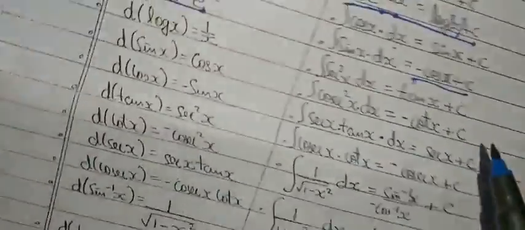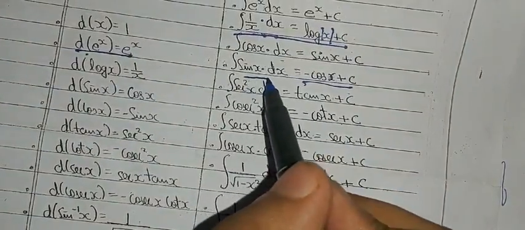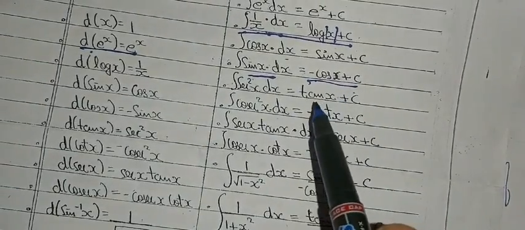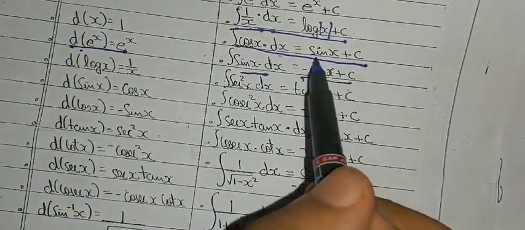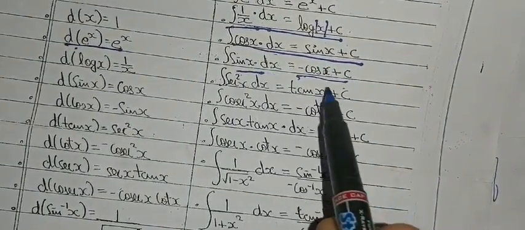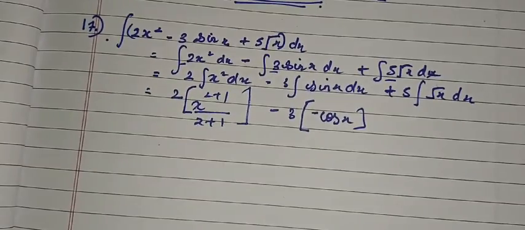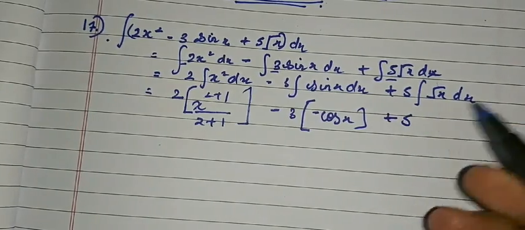Check here, what is the integral of sin x? Integral of sin x is minus cos x. So here minus cos x plus 5. What is root x?